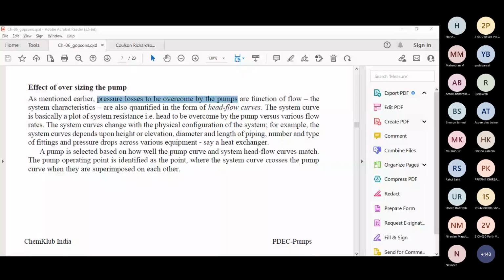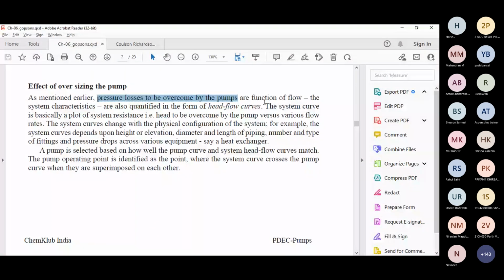Suppose each floor is 6 meters, then a pump of 18-meter head is not sufficient, right? We should also take into account the frictional losses, since there are pipelines. So the primary function of the pump is to overcome the frictional losses of the system, right?